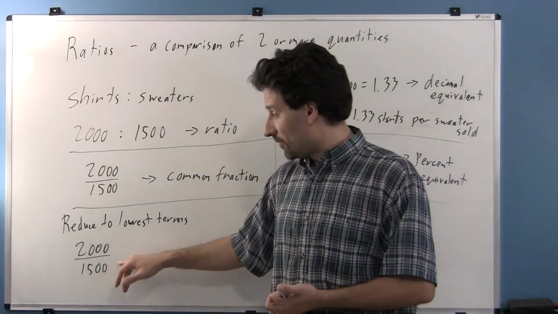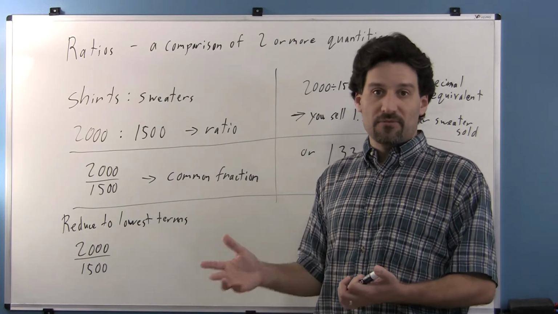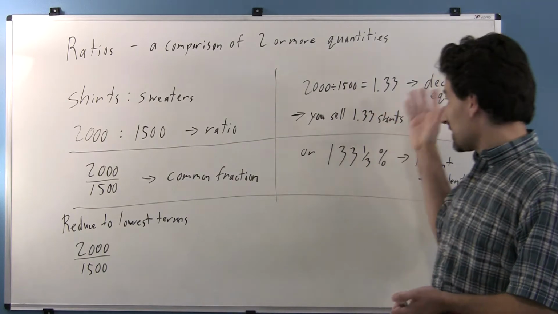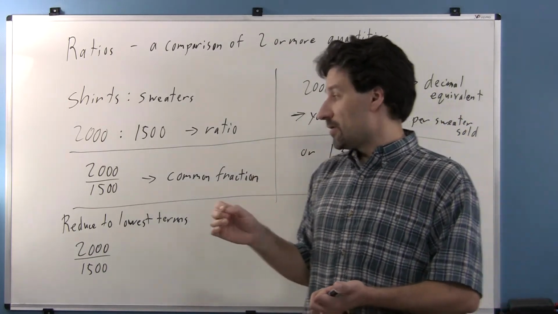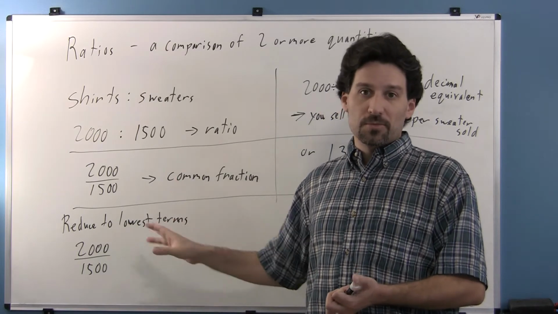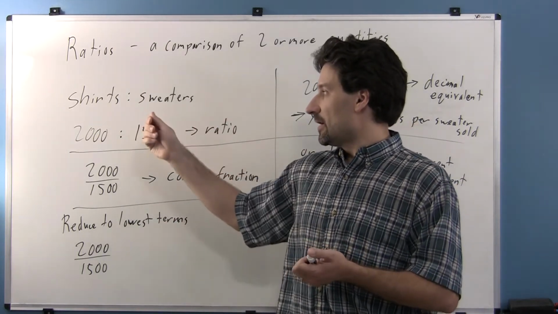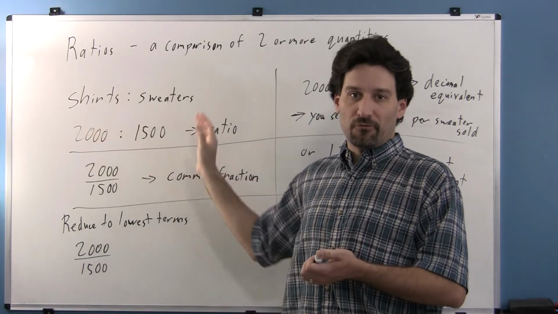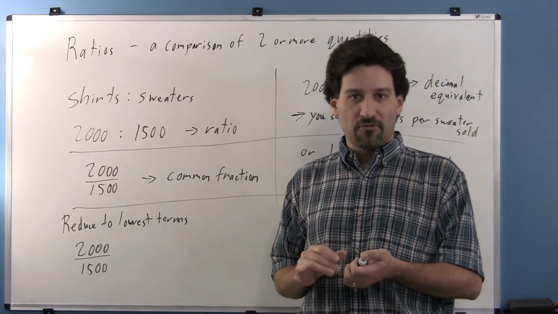Like if I doubled both of those, 4,000 over 3,000, that would have the same relationship. If you divided, you would get the same decimal number. You might have changed what the original numbers are, but you haven't changed the relationship between those two. You still have an idea of how many shirts you sell for a certain number of sweaters. Here, we're going to look and see what we can simplify the most.